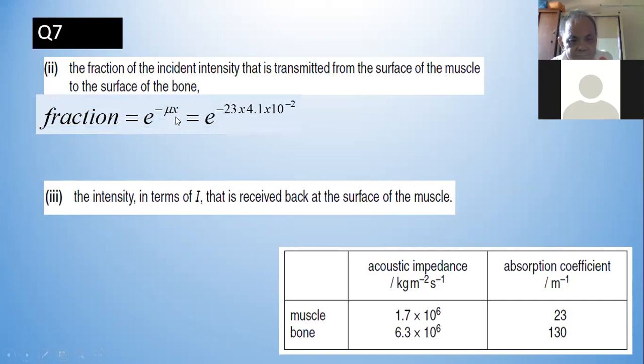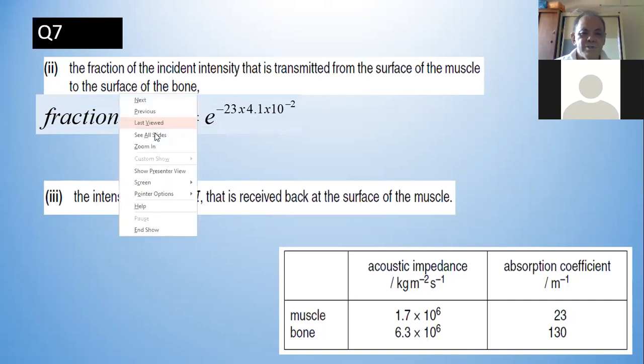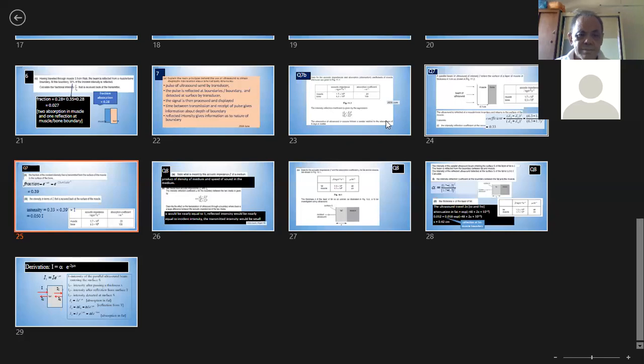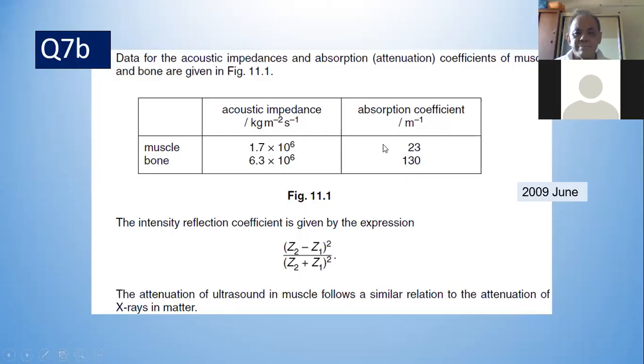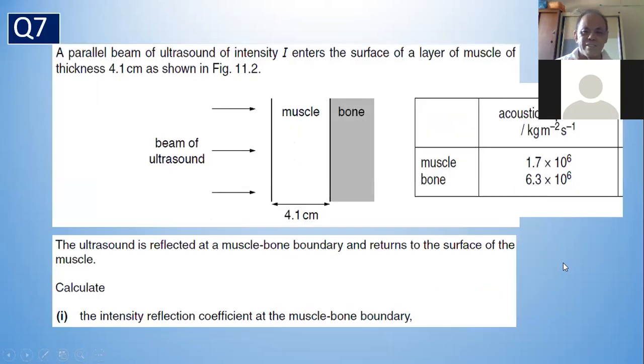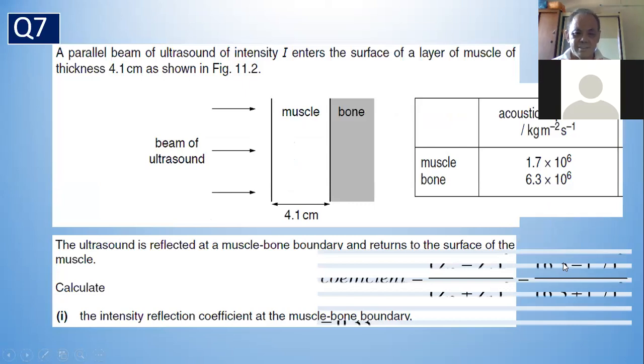Let's look at the equation to review what is given. The equation is not given. There's a muscle, and we are interested in the absorption in the muscle, so we use the absorption coefficient in muscle. I think they have not given you the formula, so yes, we're expected to memorize the formula maybe.